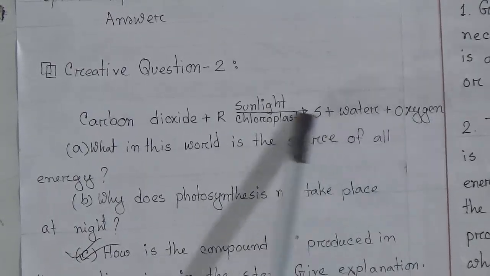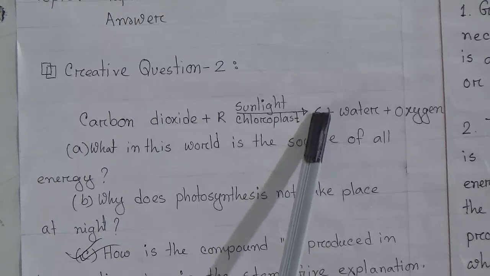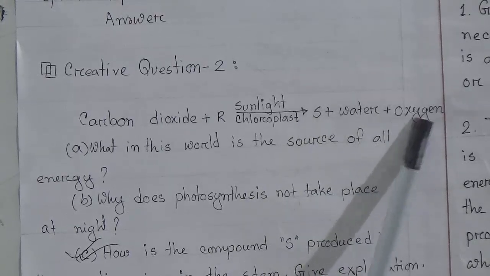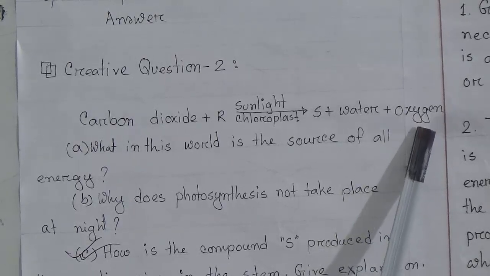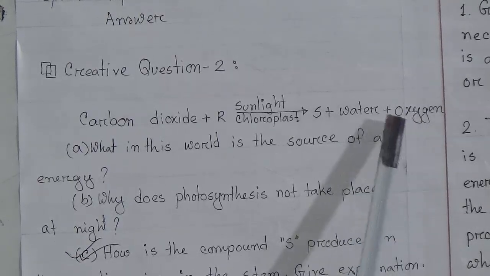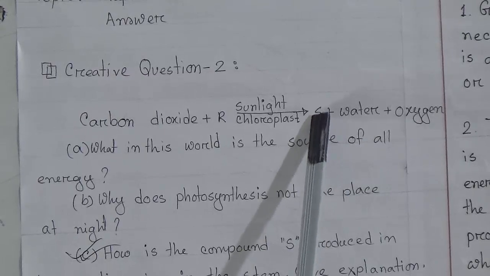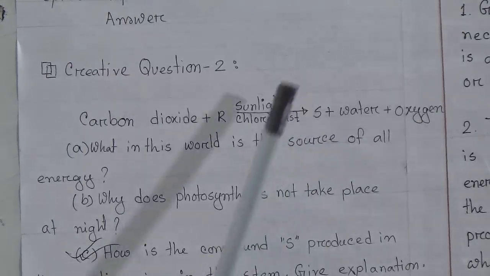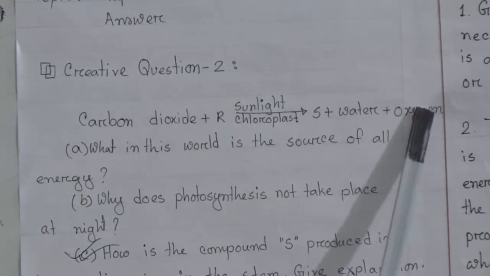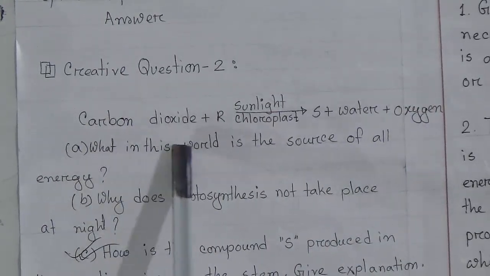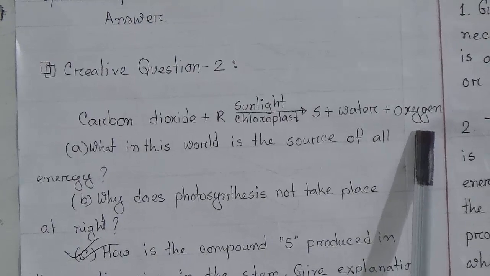And we know we get our food from glucose, and we also breathe in the oxygen that is essential for our respiration, and we get energy by taking the glucose. That means this process is so important for all living beings and for the whole animal world.